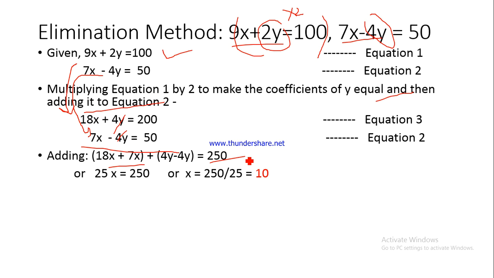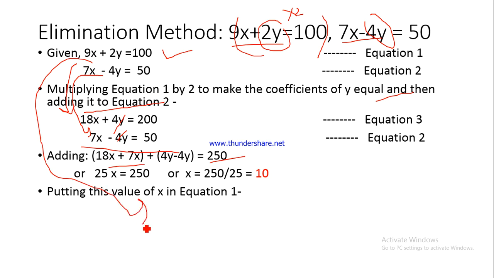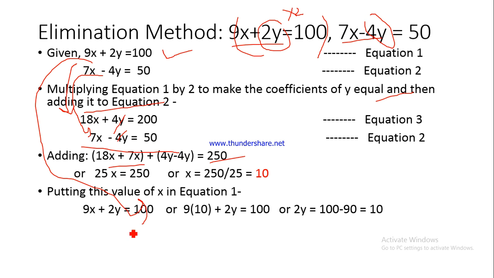Now what you do next is you put this value of x in a particular equation. It could be 1 or 2. So I have put it in the first equation, x equal to 10. 9x plus 2y is equal to 100 is the equation. x is basically 10, so you put it here like this.